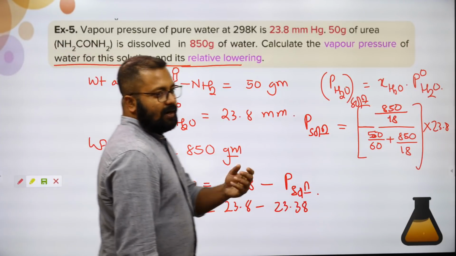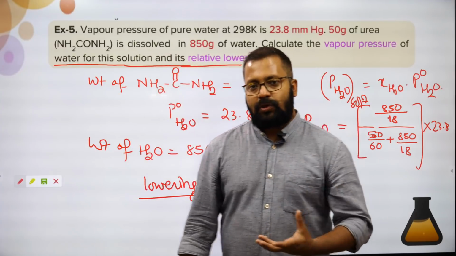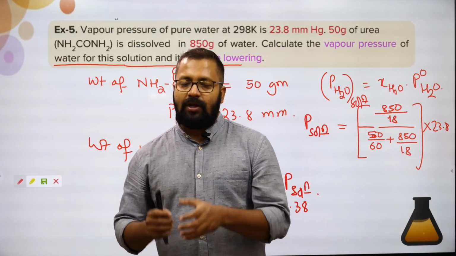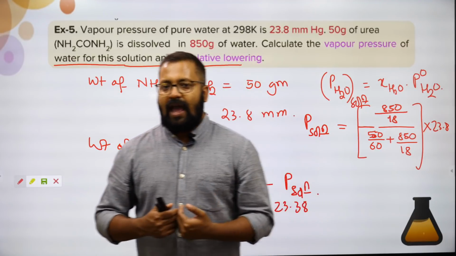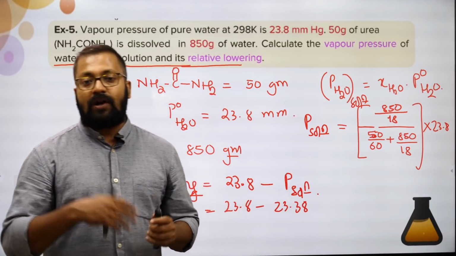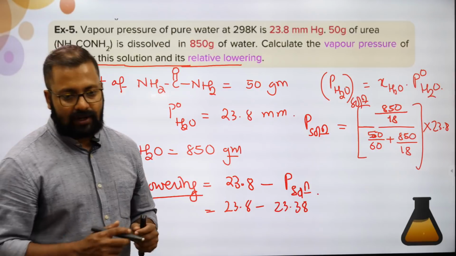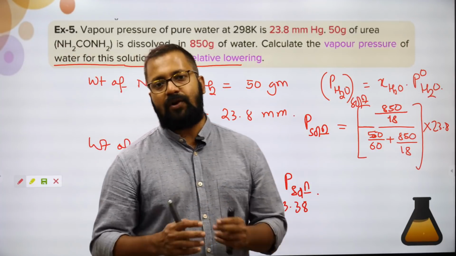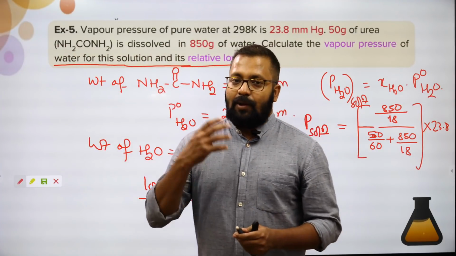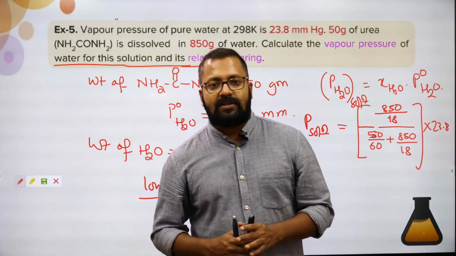Now, when we add a solute to a solvent, what will happen is the vapor pressure is decreasing. But what will happen to the solvent's boiling point? Boiling point के बारे में हम next class में discuss करेंगे.